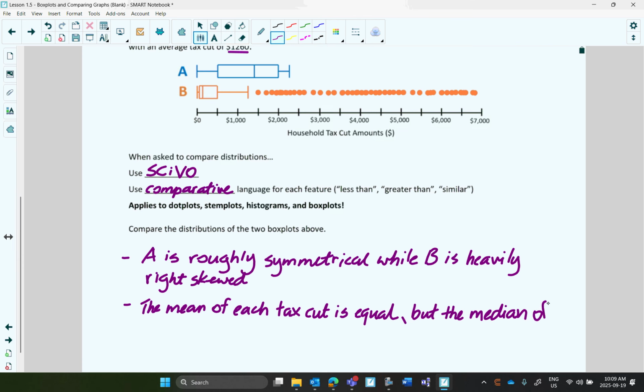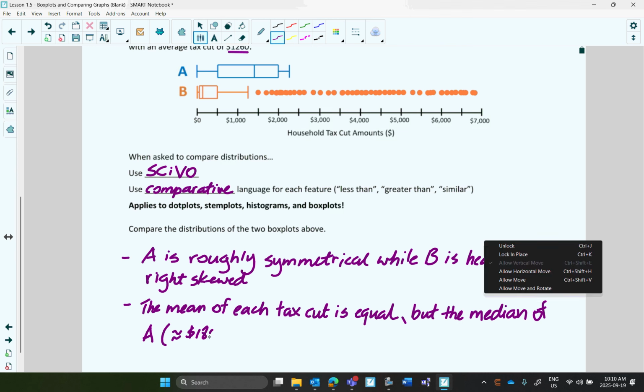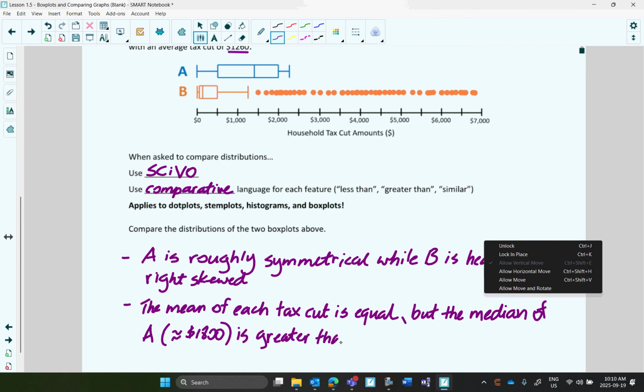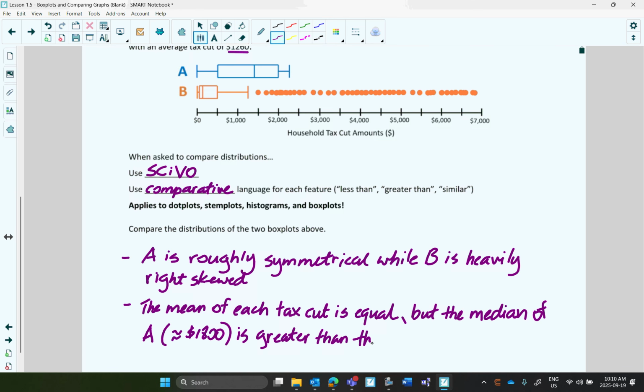So the median of A, and you can even include a ballpark value, looks like it's around 1800, is greater than B, which is approximately 200 to 300.